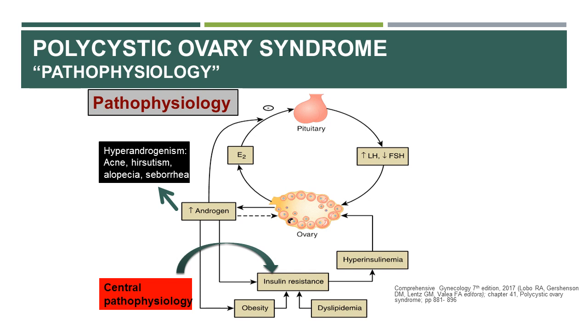Now, the excess estrogen will send a negative feedback to the pituitary, and therefore what will happen is that the FSH levels will decrease. And you know the goal of FSH is to stimulate the growth of the follicles, and with a very low FSH, that will be inadequate to stimulate the growth of the follicles, and therefore what we have is polycystic ovaries because we have follicles that remain in the immature state.